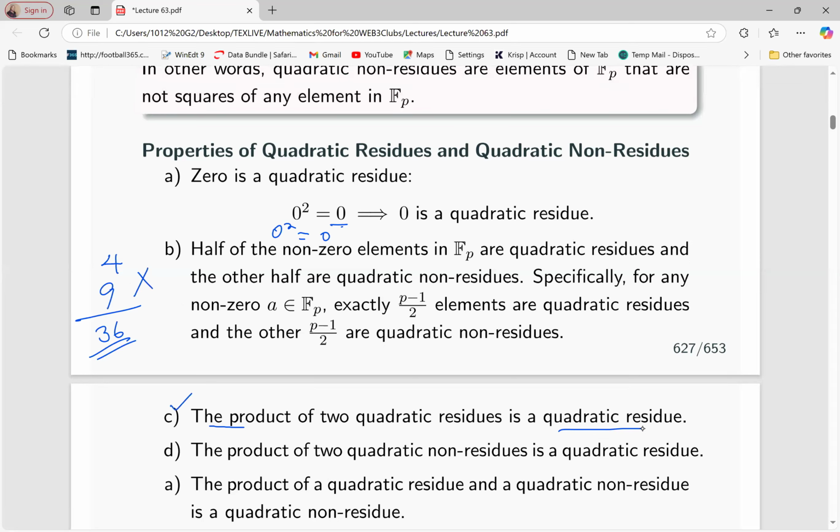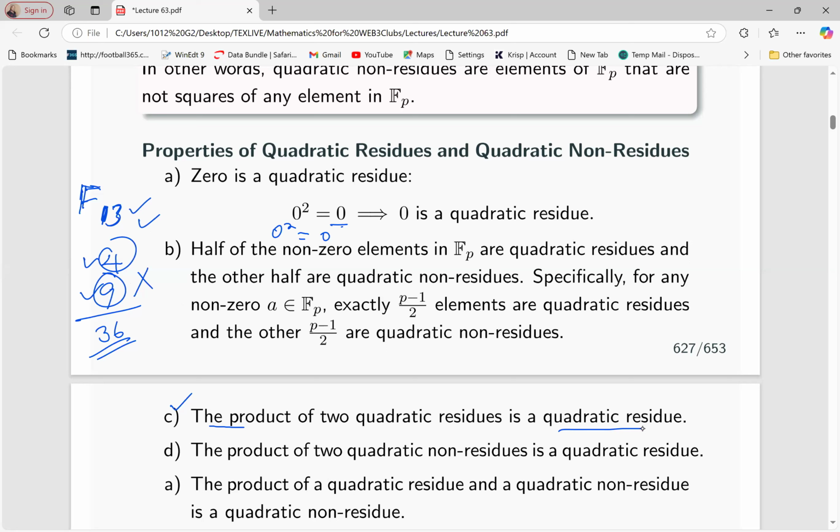The product of 2 quadratic residues. I've said this is not the best example, but if I say I'm doing mod 13, meaning this is my f mod 13, then it becomes a very good example. So of course I know this number is here and this number is also here. So this number has a square root and this number also has a square root, mod 13.